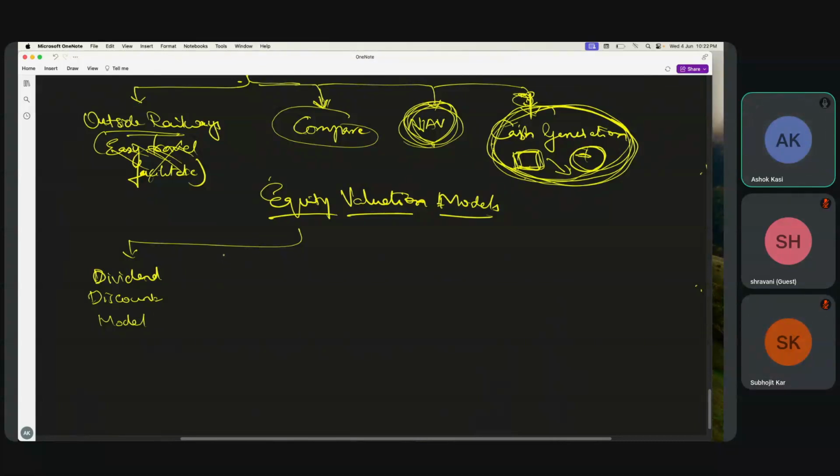We don't have only cash flow in level 1. Cash flow all comes in level 2. Both are the same only. Discounted means only dividend discounted cash flow. The rest, other cash flows, are also there, but we will see that in level 2.